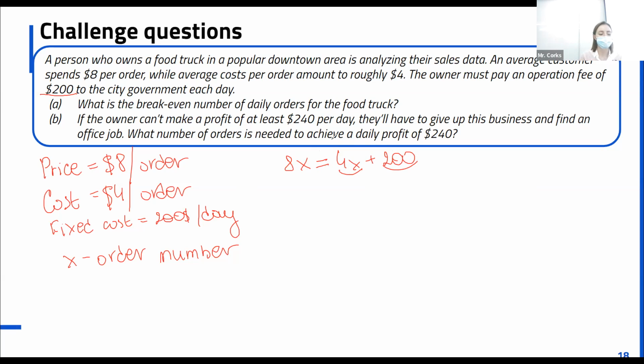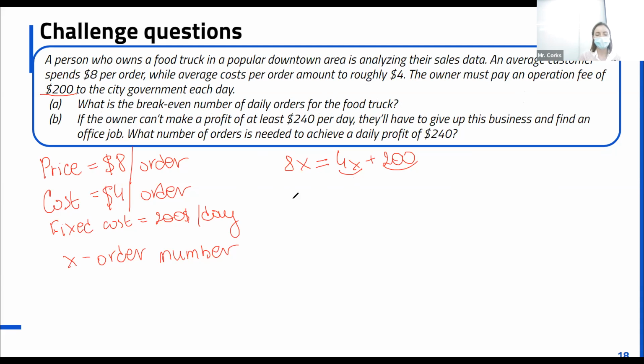And let's take a look at the second question. If the truck owner cannot make a profit of 240 per day, he would have to change his business and be employed in an office. How many orders does he need to do to get the profit of 240?